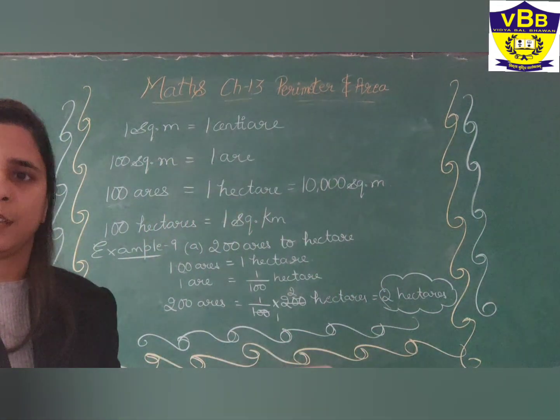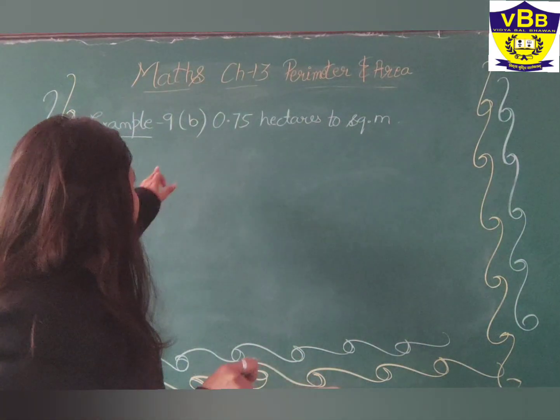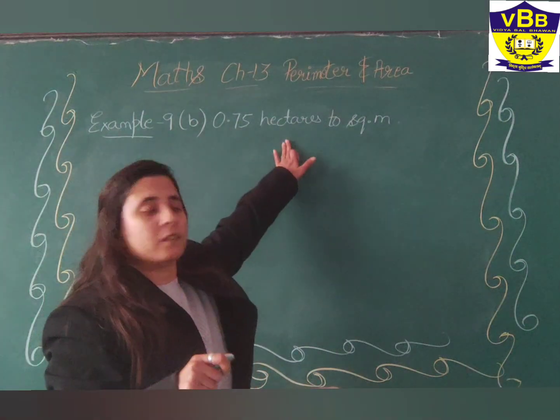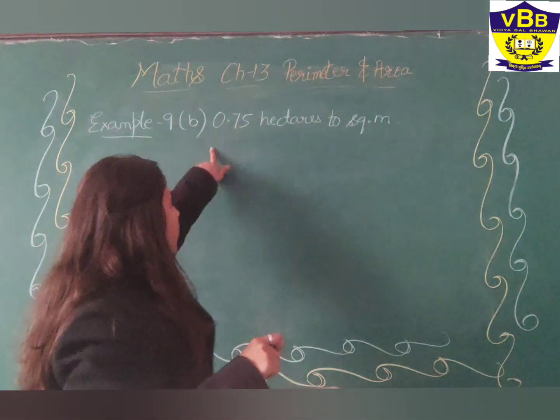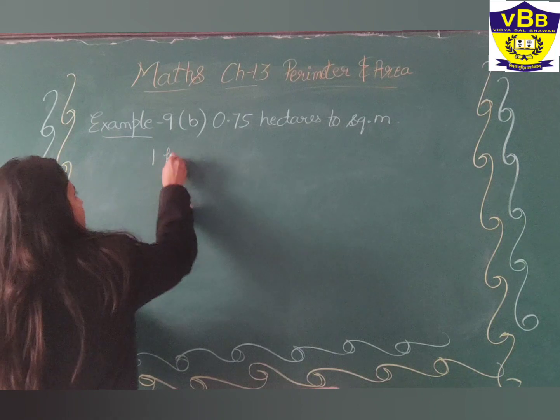Alright. Now let us see the B part. In B part it is asking that you have to convert 0.75 hectares to square kilometer.